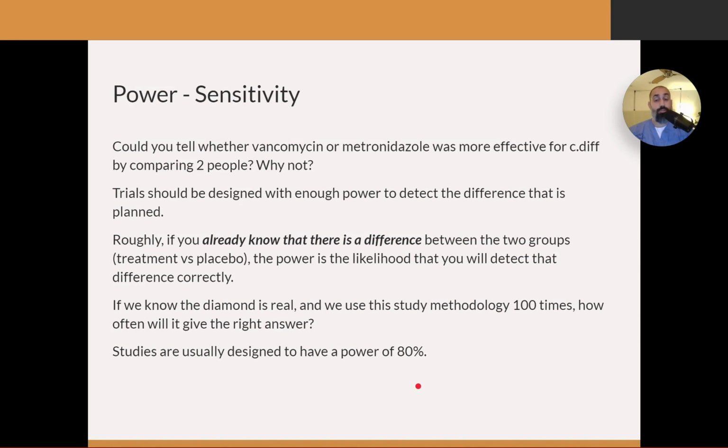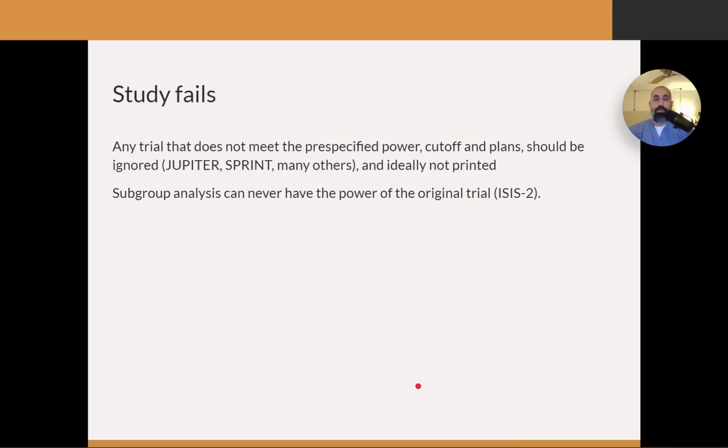And studies are usually designed to have a power of about 80%. So most studies that you see published are 80% sensitive. So any trial that, if they pre-specify we need this many people to have an 80% power, and then they don't get that many people, or they stop the study early, or they cut it off, my opinion is, again, this is bullshit artistry. And many studies, many big studies are subject to this.